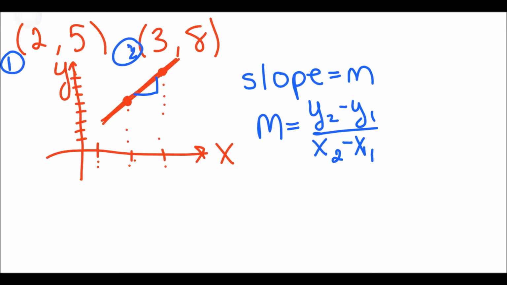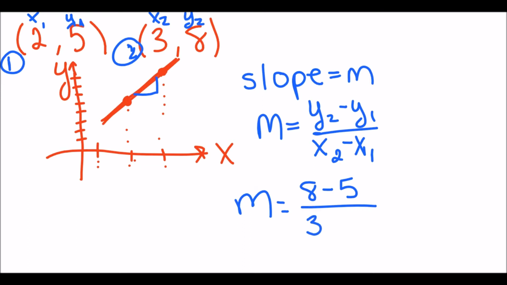Since this is an x value, it's going to be x1, this is going to be y1, and since this is our second set, this is going to be x2 and y2. And so let's just plug that in to find the slope, to find how steep this line is. So we have y2 is 8 minus y1 is 5, divided by x2 is 3 minus x1 is 2.